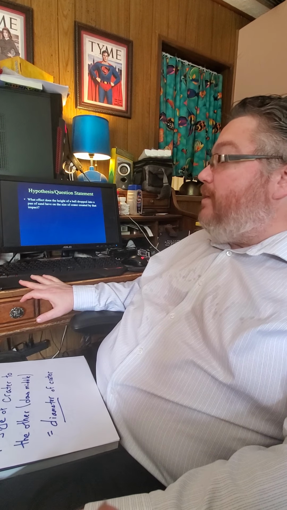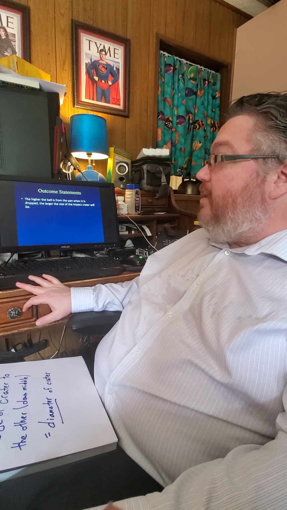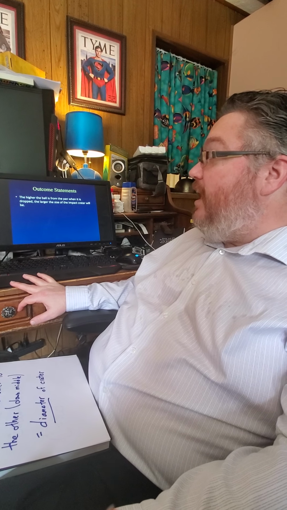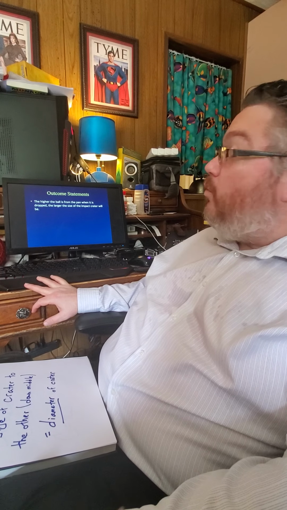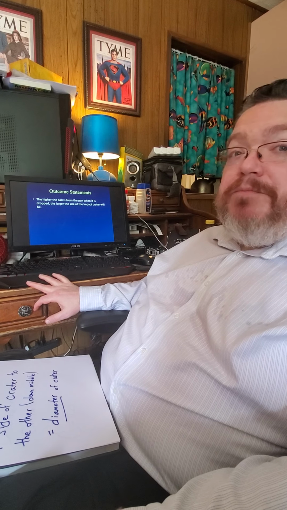We're going to be looking at some key terms here in just a minute, but let's take a look at the outcome statement. This is my prediction of what's going to happen. And my prediction is that the higher the ball is from the pan when it is dropped, the larger the size of the impact crater will be.